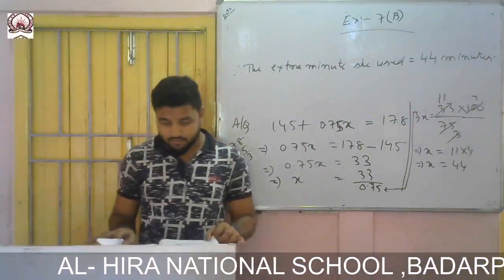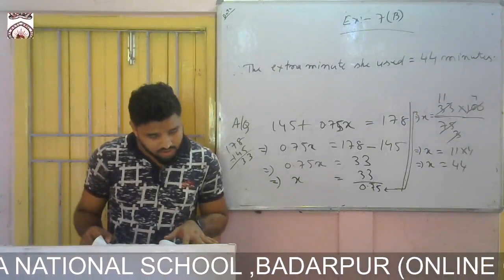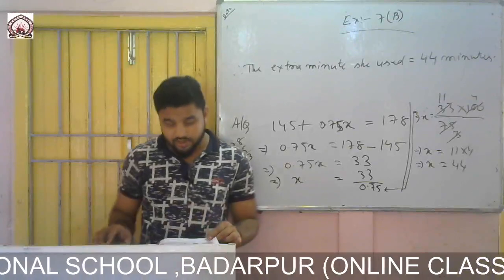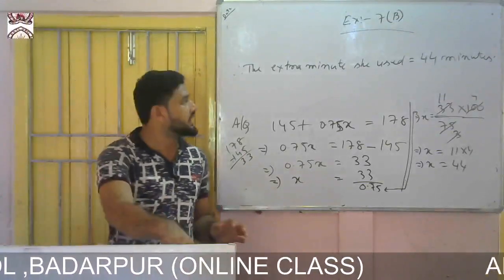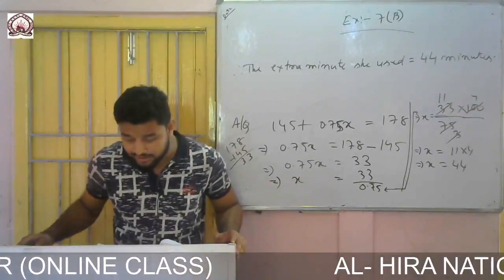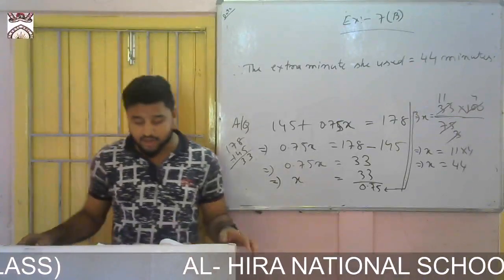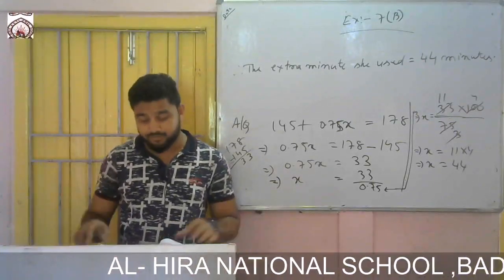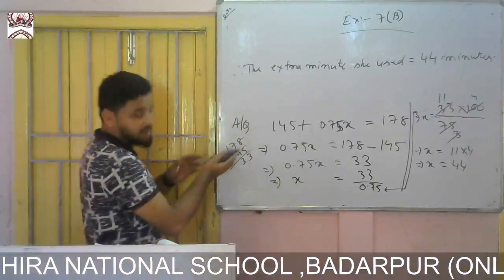Now, this is the end of this chapter. Now I shall start a new chapter, that is chapter number 8. The name of the chapter is Ratio and Proportion and Unitary Method. So let me write the name of the chapter.